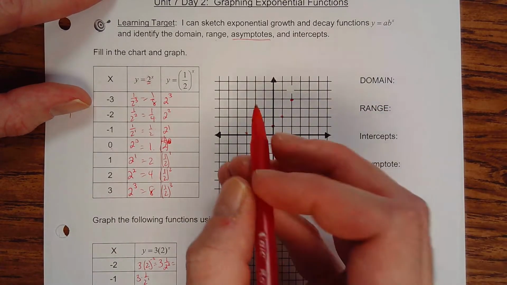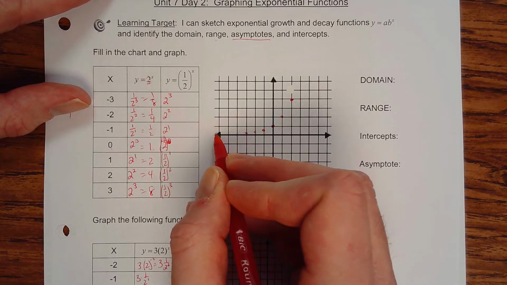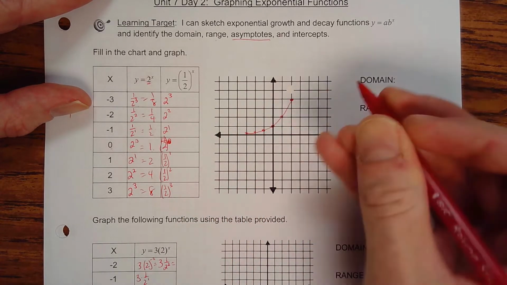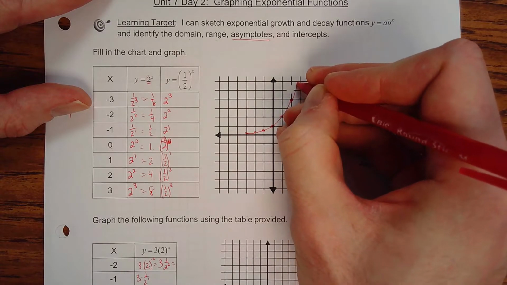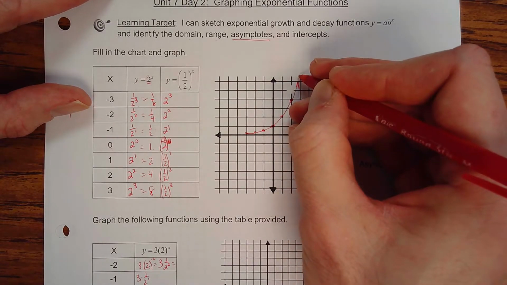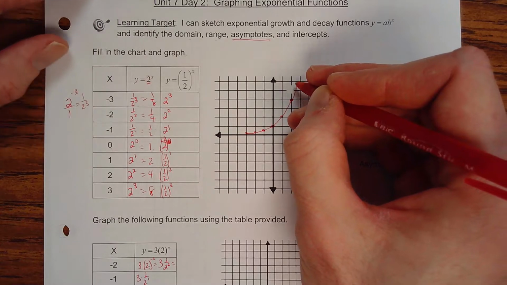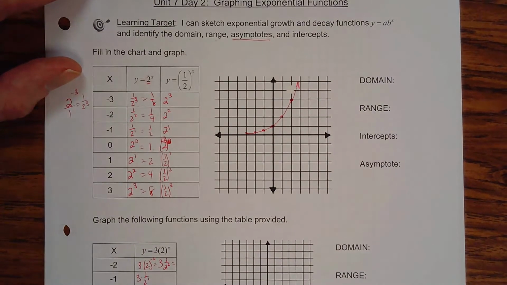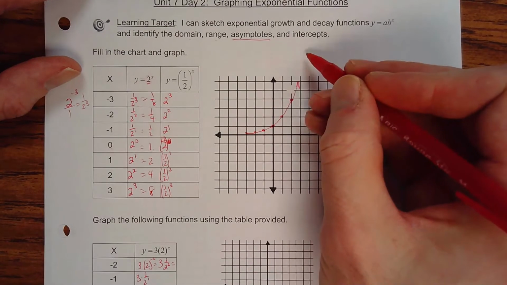So you kind of see this shape here. Now it's going to shoot up pretty fast. It is never straight up and down. That can't happen. If it's straight up and down, it would fail the vertical line test, and it wouldn't be a function. So it never is perfectly up and down, but it's going up pretty fast.